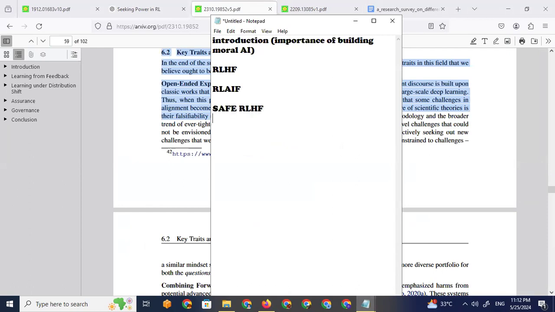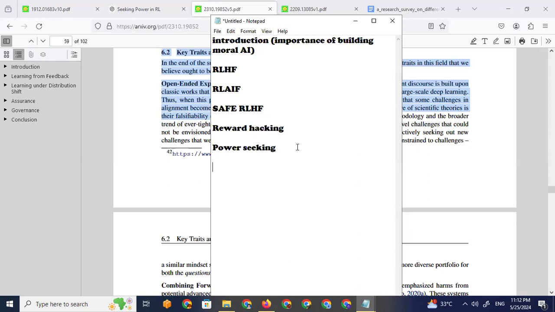After that we'll have the critique, which is reward hacking, and we'll also include the power seeking thing, right?